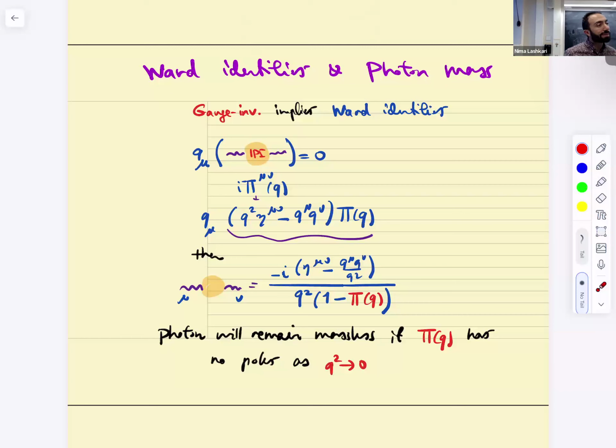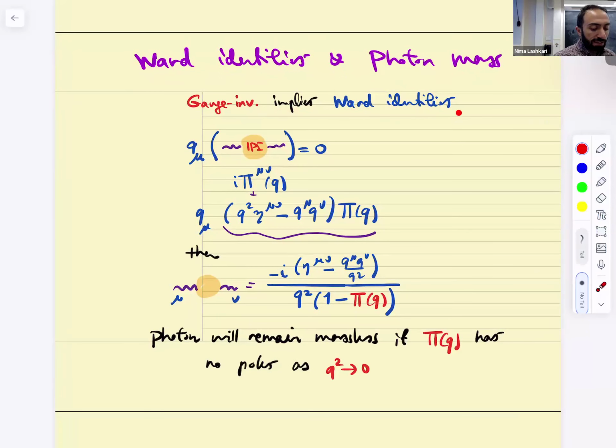But before doing that, I want to remind you of a quick discussion we had at the end of QFT1, where I argued that Ward identities will tell you that at one loop, the photon will remain massless. We pretended that was required, that was a must for gauge invariance. That's in QED a must. But we'll see that. So what was the argument?